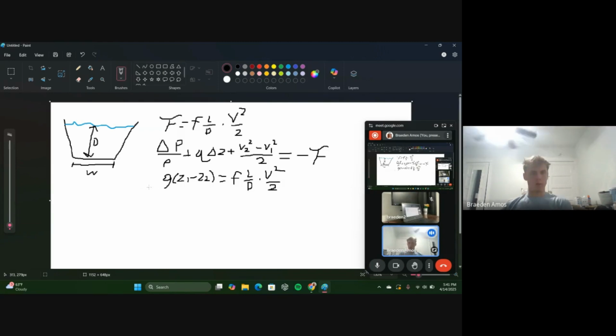Okay, so now we can start finding the hydraulic radius. So the hydraulic radius is going to be equal to the area over the wetted perimeter.